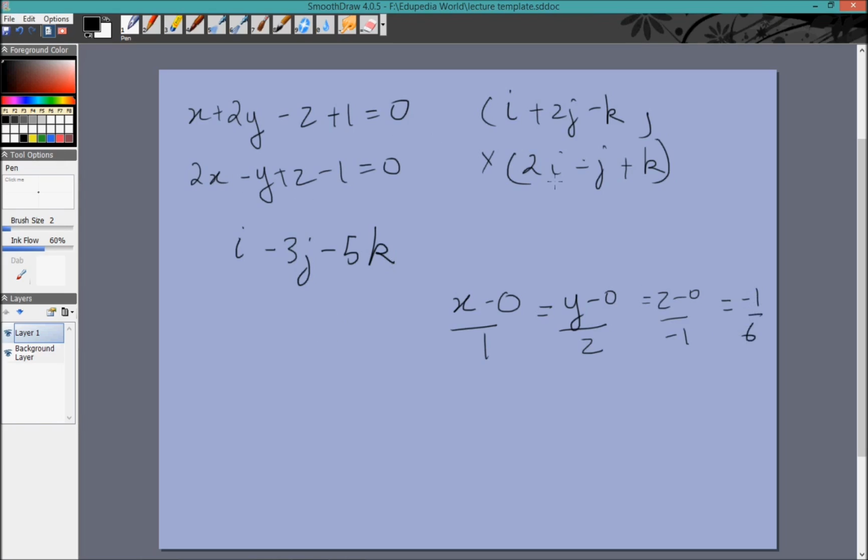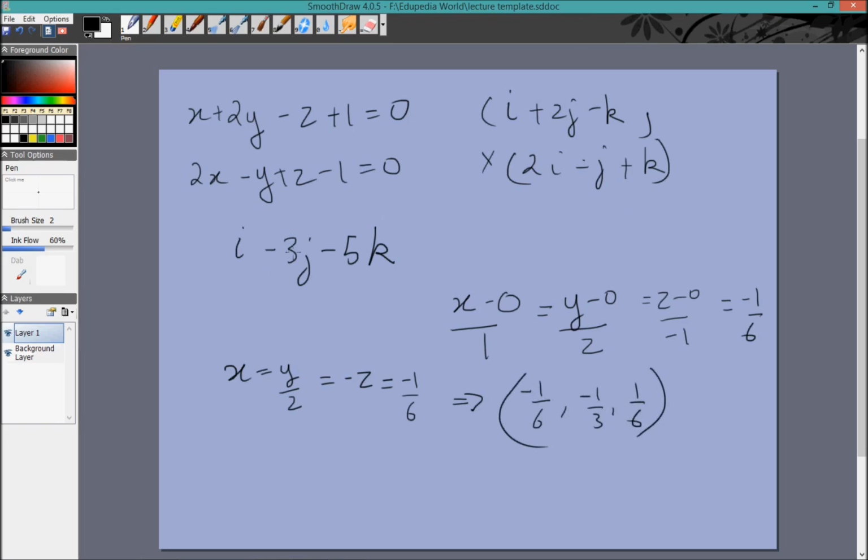So there's a minus sign anyway there. So from this we get x is equal to y by 2 is equal to minus z is equal to minus 1 by 6, which means this particular point is minus 1 by 6 comma minus 1 by 3 comma 1 by 6.